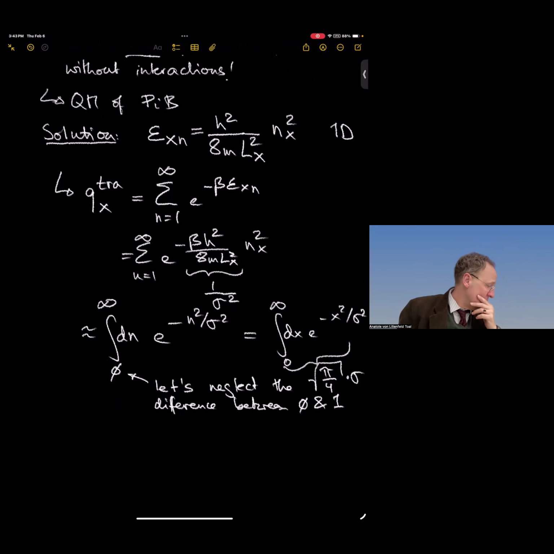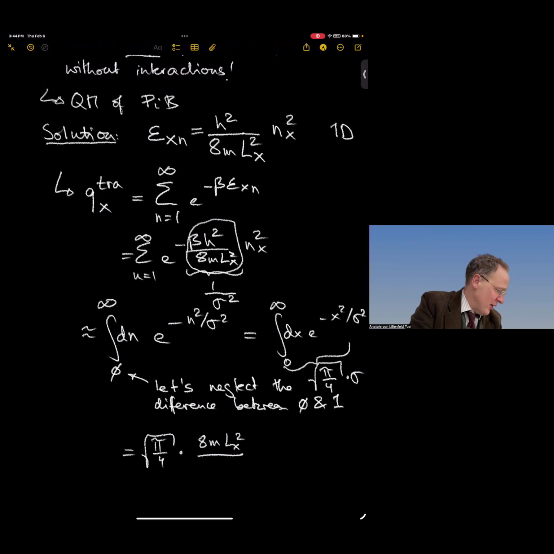Okay. So this whole integral then becomes pi over 4 times, and now my sigma must be the square root of my prefactor up here, inverted, right? So I need 8m Lx square over beta h square, square root. Okay.